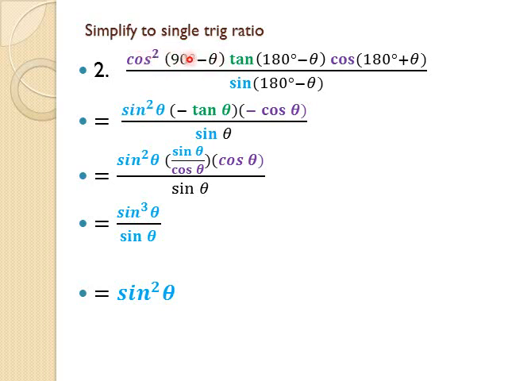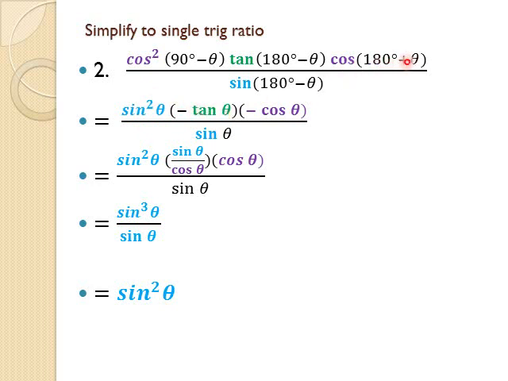Everything is positive in the first quadrant, so that simply becomes sine squared theta. 180 minus theta falls in the second quadrant. In the second quadrant, tan is negative, so that's written as negative tan theta. See, I put them in brackets, right? If I don't put them in brackets, this would read sine squared minus tan theta. In brackets, this reads now sine squared times negative tan theta.